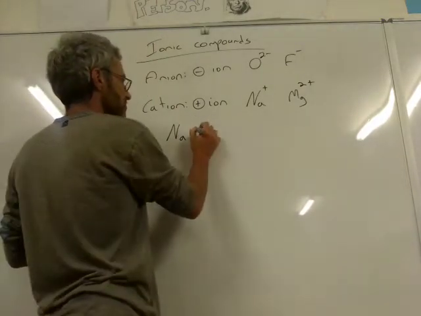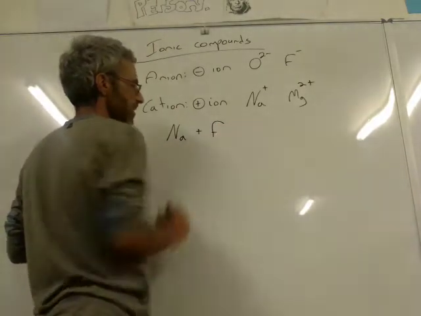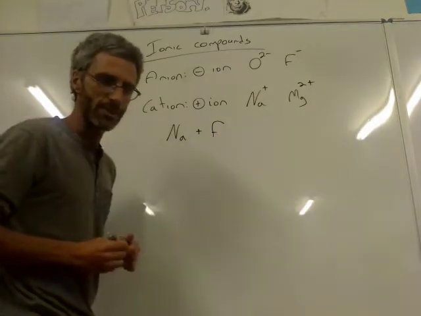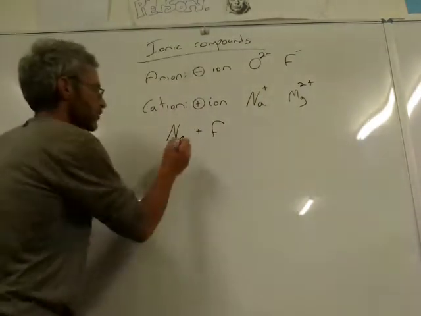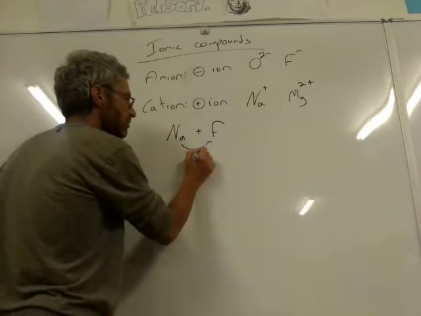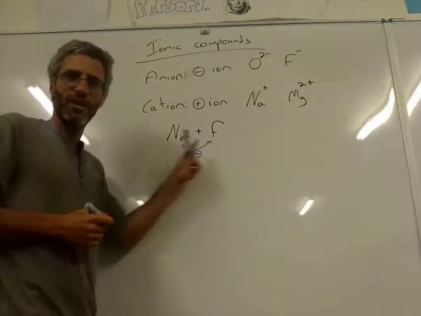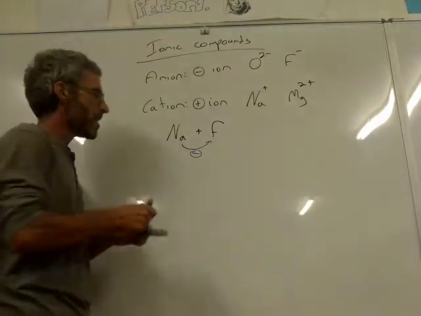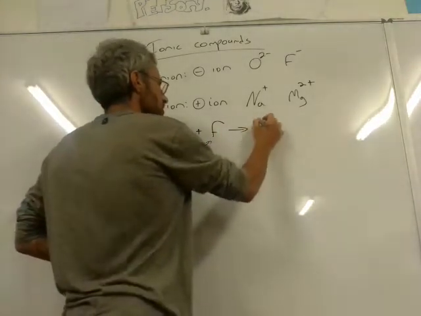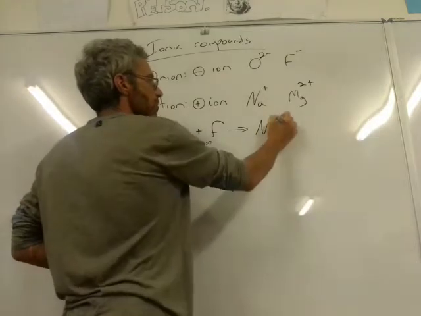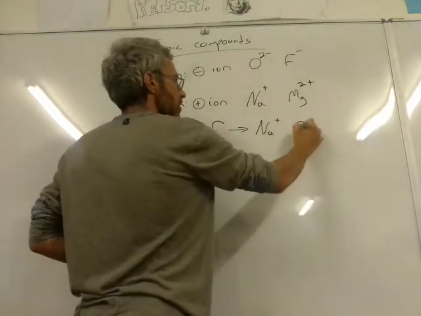So if a sodium meets a fluorine, we'll draw it like that. What will happen is the sodium will give an electron to the fluorine. It wants to get rid of an electron, and the fluorine wants to gain an electron.